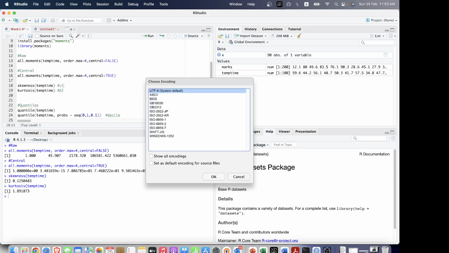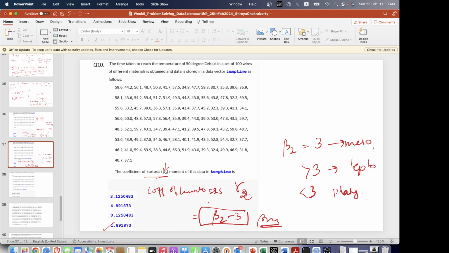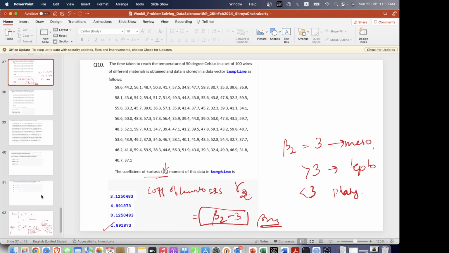If you need to transform, you can get the values from here, but otherwise you have to calculate from the moments or do the necessary transformations to get the coefficients in the desired format. Is it okay? Yes, ma'am. Okay.